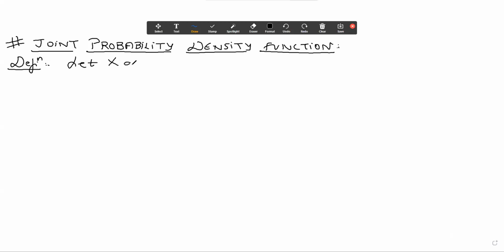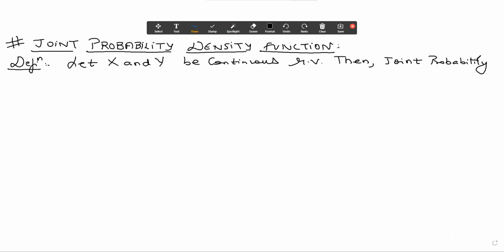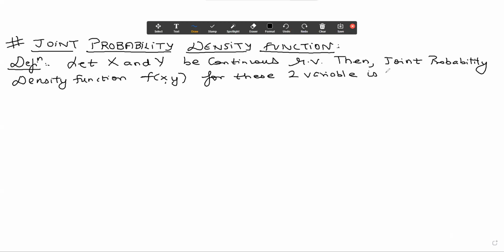Let capital X and capital Y be continuous random variables, then the joint probability density function f of xy for these two variables is a function satisfying the following.